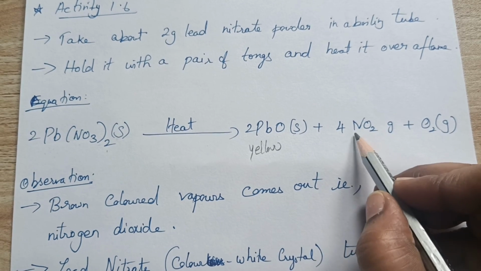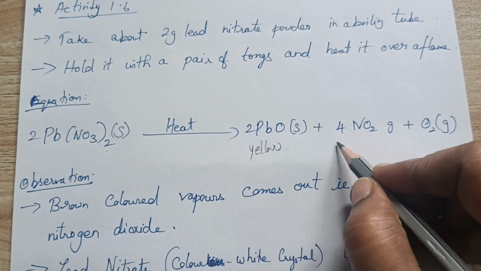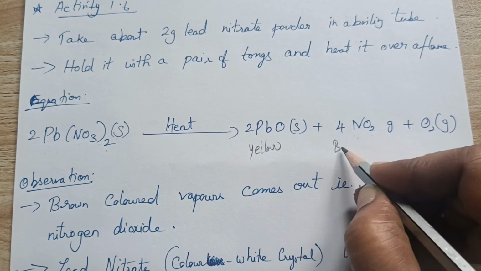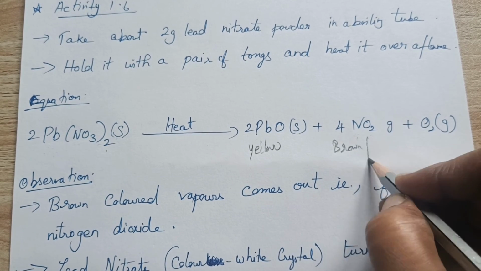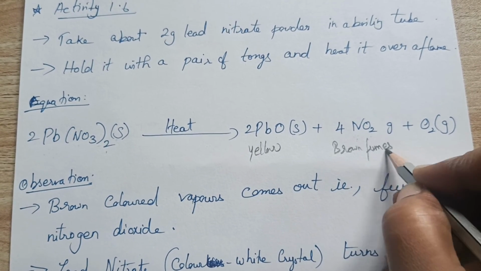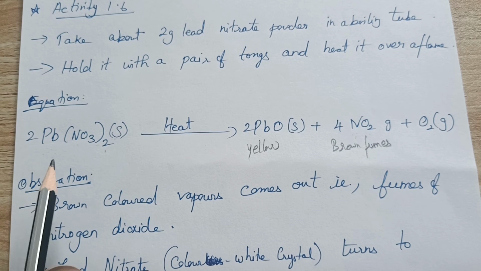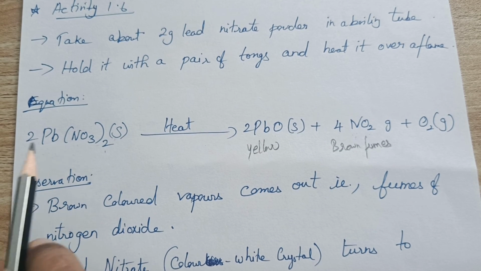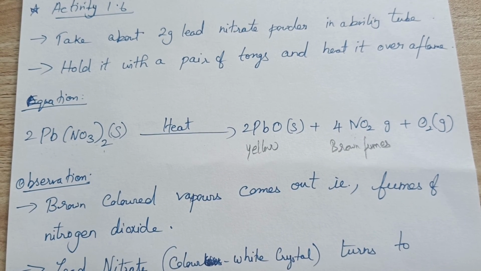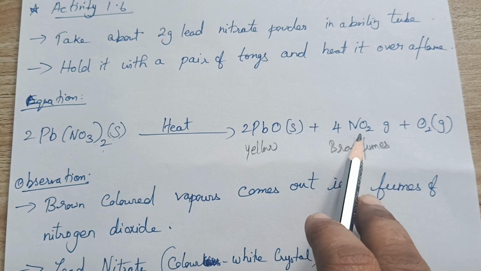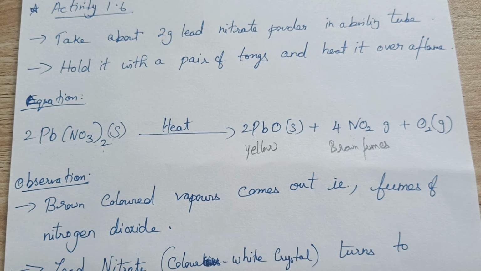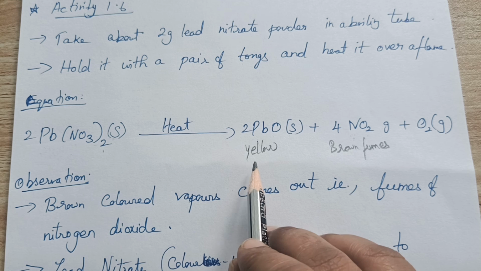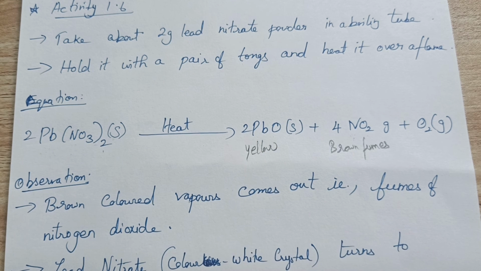That is because of nitrogen dioxide. So if you heat this lead nitrate, thick dense brown fumes will be coming out, that is your nitrogen dioxide, and you will get a residue in the test tube that is yellowish, that is your lead oxide.